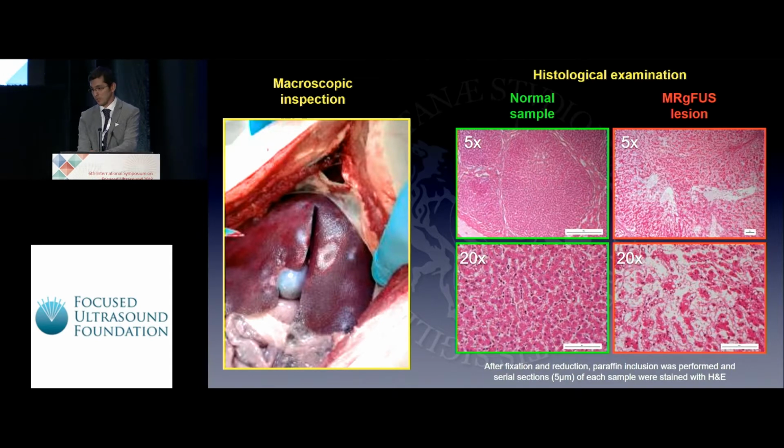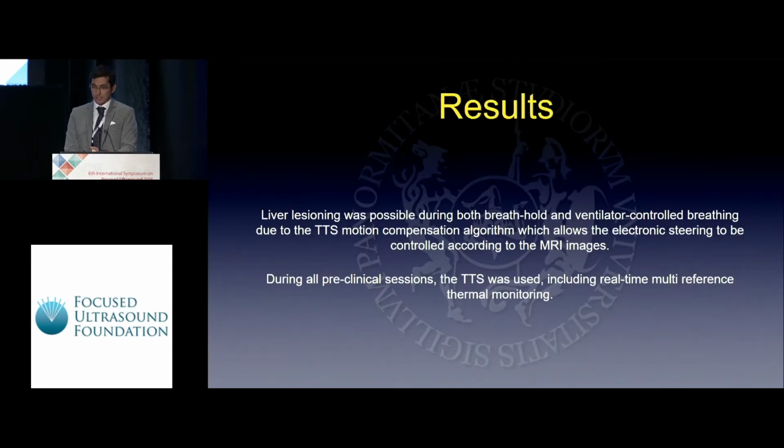I'm not a pathologist. We have been successful in creating liver lesions using our system both on breath hold, which is much easier, as you can understand, and under ventilator-controlled breathing, using the compensation algorithm to move the focal spot according to the live MR imaging scanned during the sonication.